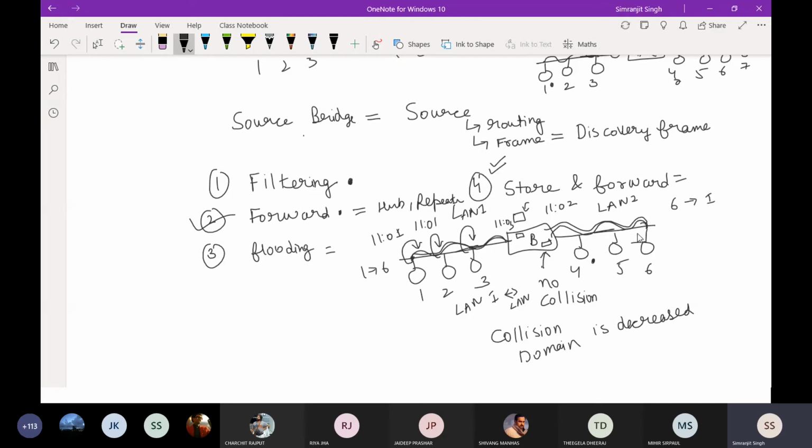It depends upon the particular situation. At this instant, I cannot give you a firm figure that it is decreased by n minus 1, n minus 2, or n minus 3.